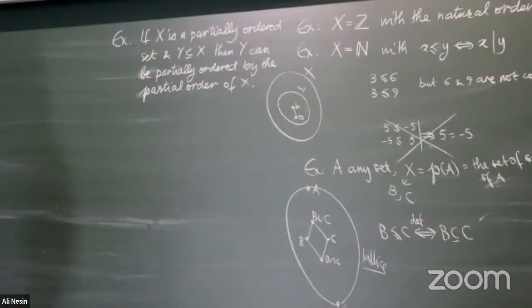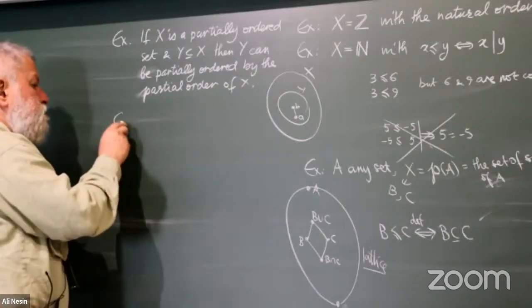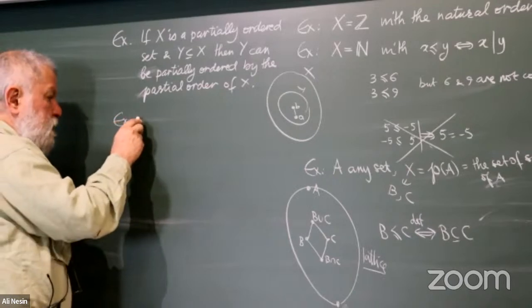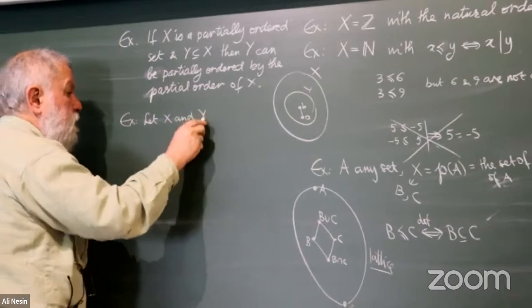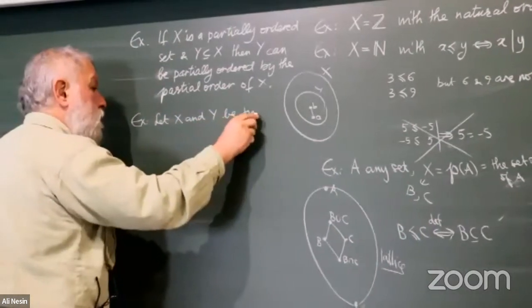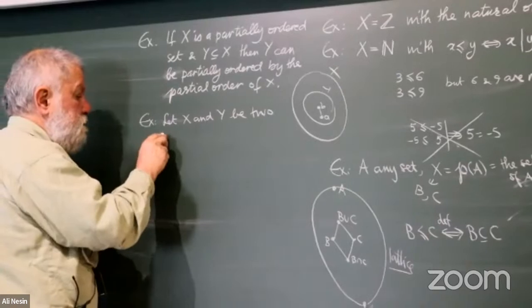What else can we say? Well, what we can do is this, for example, let X and Y be two partial orders.